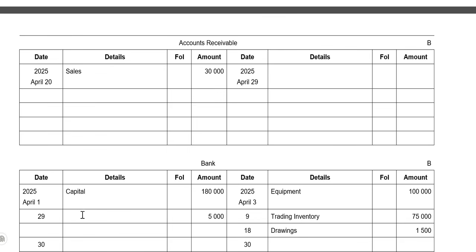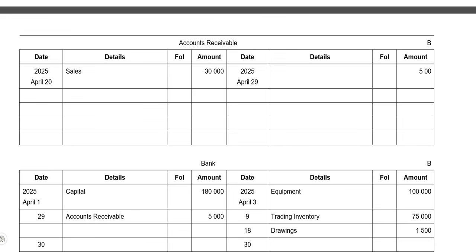And where did we get the money from? Our debtors. And what's the account that records or summarizes our debtors? Accounts receivable. So if bank was debited, accounts receivable, decrease in assets, is going to get credit.